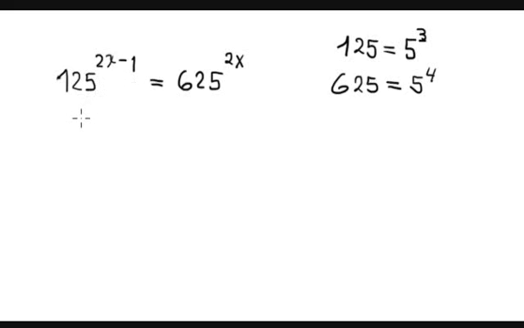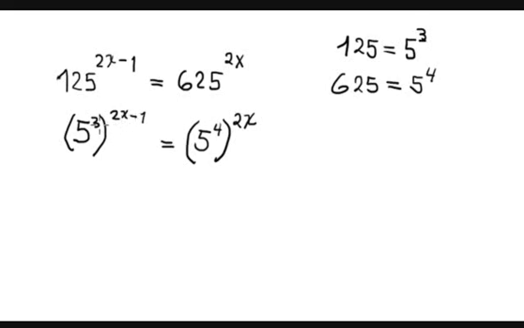Instead of 125 it is 5 to the cubic power raised to 2x minus 1, is equal to, instead of 625, 5 to the 4th power raised to the 2x.